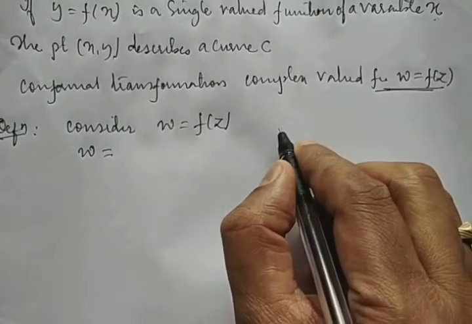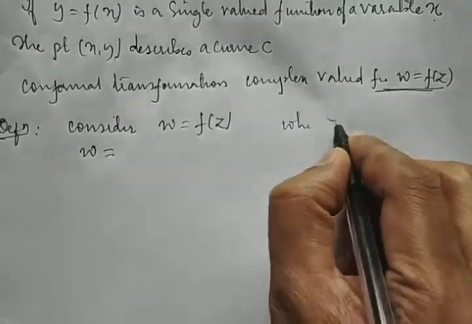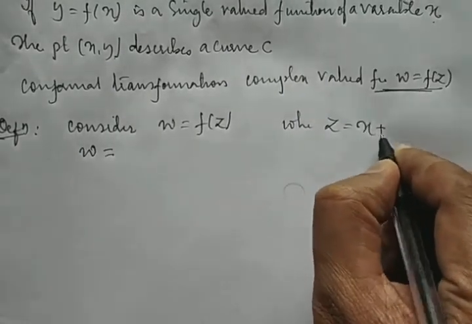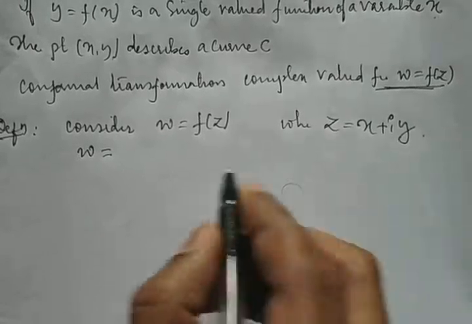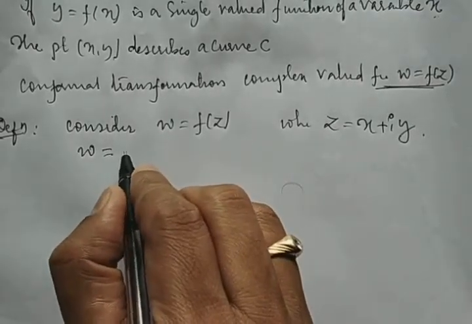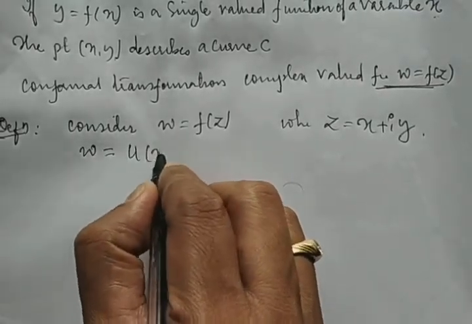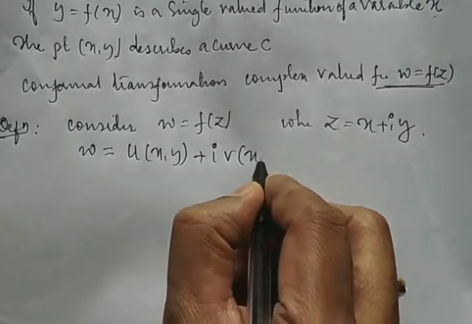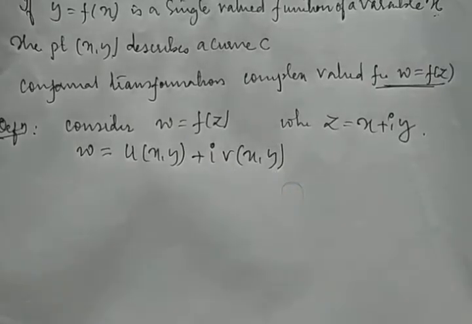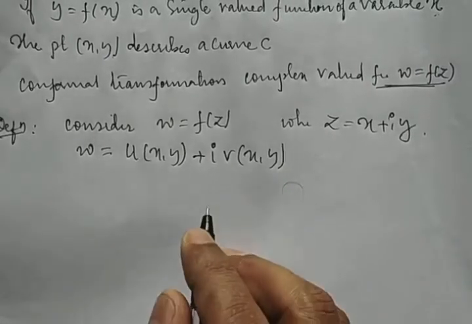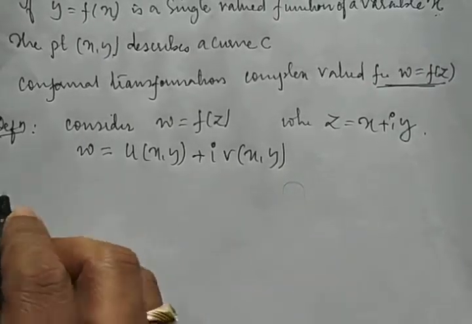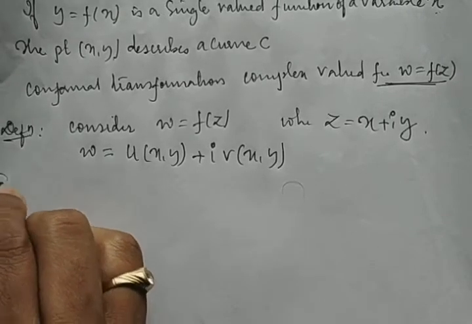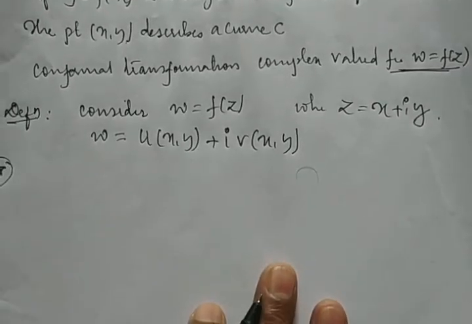Since here we consider z is equal to x plus iy, therefore automatically we can write omega is equal to u of x comma y plus i into v of x comma y, where z is x plus iy. Then we need to keep a few things in mind. Okay, we'll discuss these points.